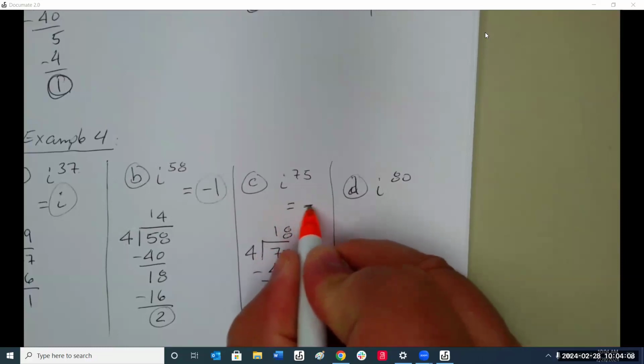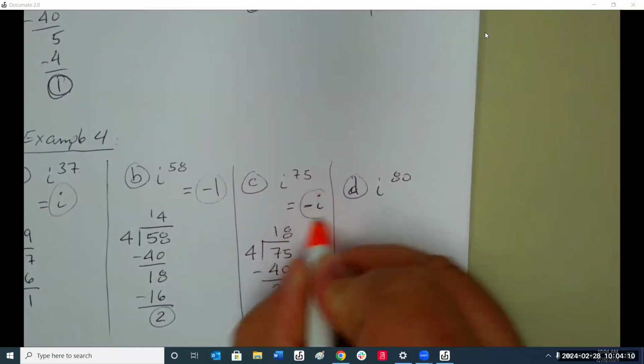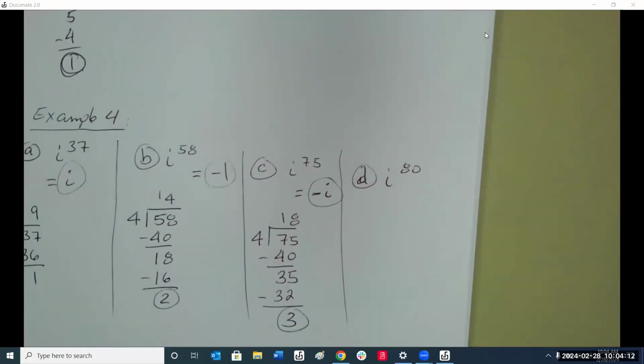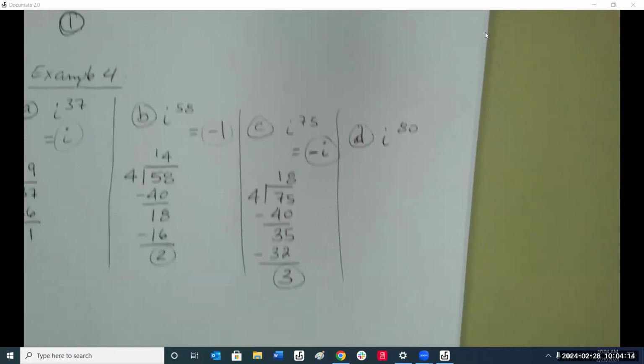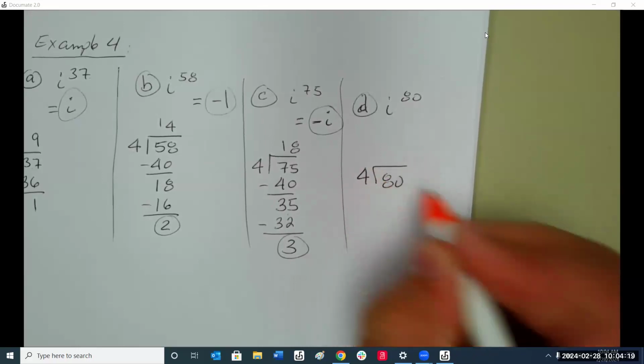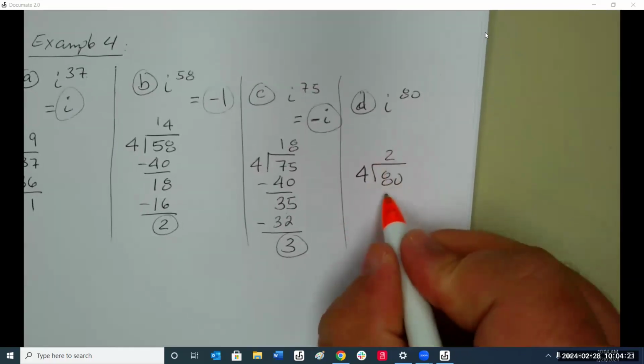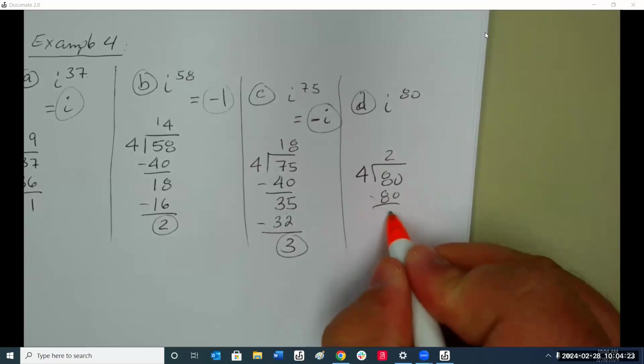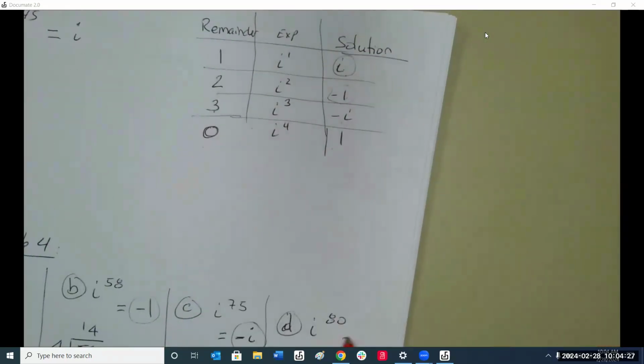So the answer is negative I. Can we guess what the last one's going to be? 4 goes into 80. 4 goes into 8 twice. Remainder is 0. The answer is 1.